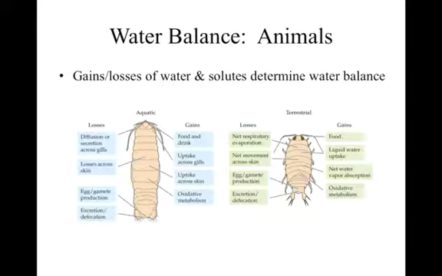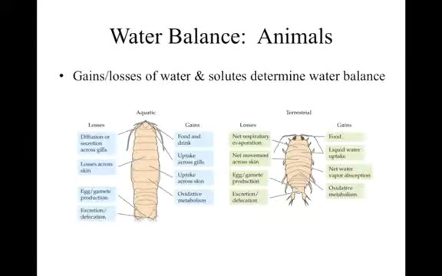They're pooping out stuff, and that stuff has water and it has solutes in it. They gain water and solutes through food and drink. Sometimes they take up water or solutes through their gills or directly across their skin. And finally, oxidative metabolism can throw off the balance because, of course, when they metabolize, they make carbon dioxide and water, and that water can affect the water balance.